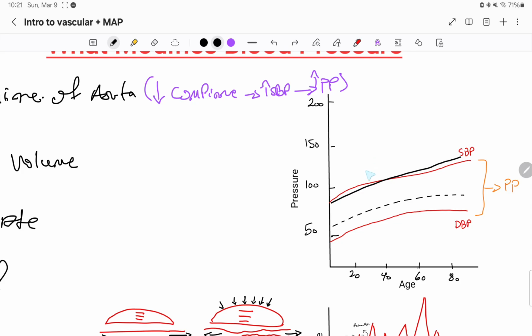And because your systolic blood pressure is going up, like we said here, your pulse pressure is going to be going up, okay? So maybe initially your pulse pressure was here, but now it's larger, okay? If your pulse pressure goes up, you know what's going to happen to your mean arterial pressure? Your mean arterial pressure is also going to see an upward trajectory, as you can see, okay?